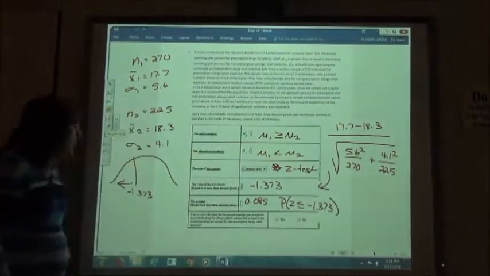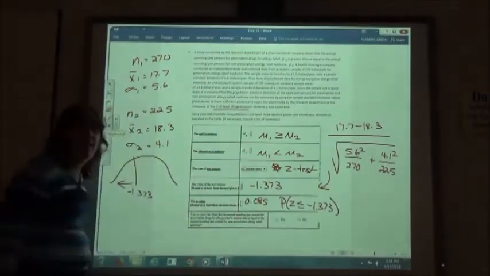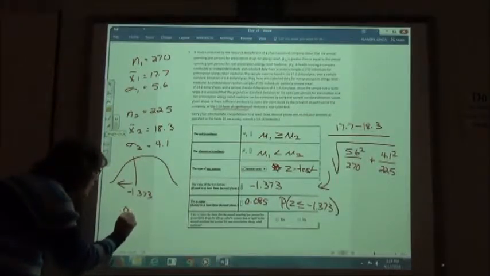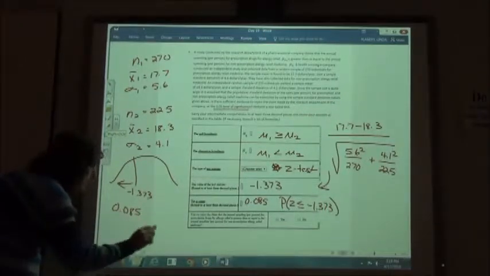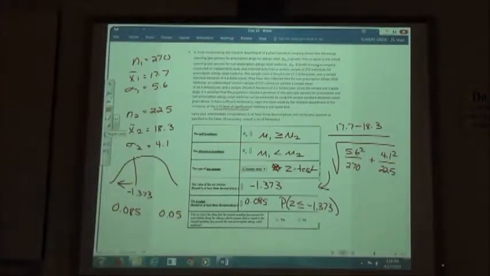0.085. So when we do the p-value here, we're comparing it to the level of significance, right? So is 0.085 less than or greater than 0.05? 0.085 compared to the level of significance of 0.05.